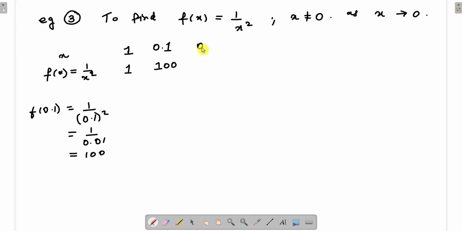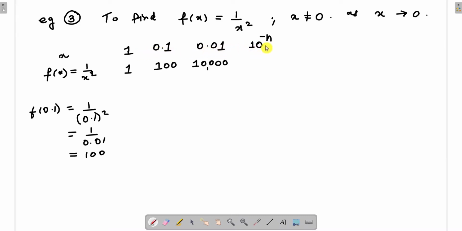Now suppose we take 0.01, a value which is closer than 0.1 to 0. So here we will get 10,000. Now suppose we take similar values, and in general if you write 10 raised to minus n, because these are all the negative powers of 10, like 0.1, 0.01.